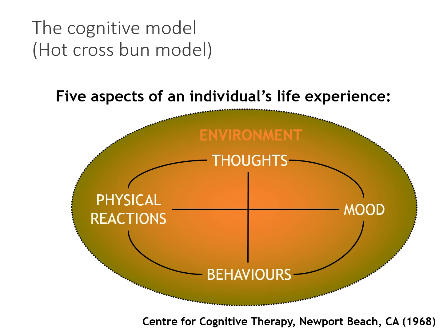The cognitive model, sometimes we call it the hot cross bun model, is something that we need to consider too. This is what we're talking about when we're thinking about CBT in terms of it incorporating these 5 aspects of an individual's life experience. So the way that they think, their moods and feelings, their behaviours, their physical reactions, but also the environment, the context in which they find themselves and in which they operate.